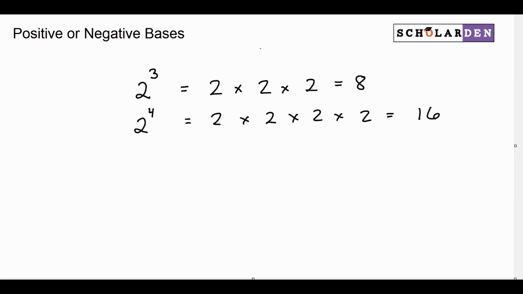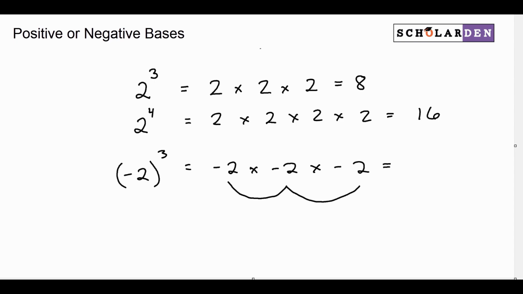Now let's try it with a negative 2. So negative 2 to the third power means negative 2 times itself 3 times. Let's think about this. Negative 2 times negative 2 is positive 4. Positive 4 times negative 2 is negative 8.